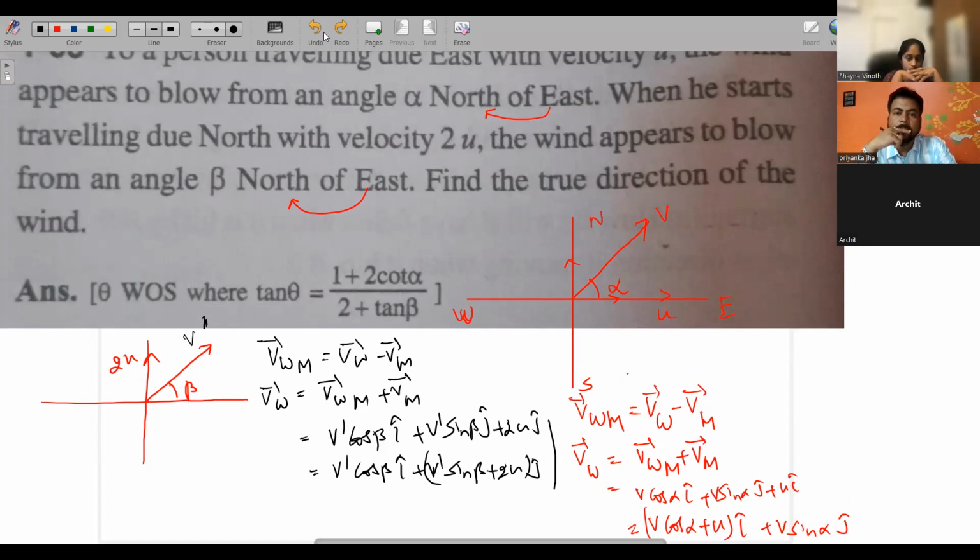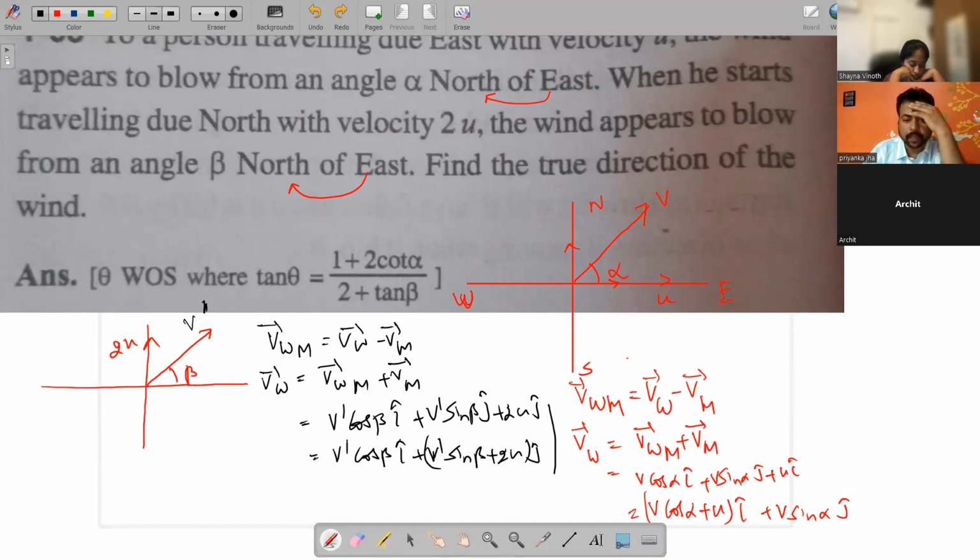Here we have to find one thing, because the speed of wind we have to find. We do one thing. So this thing we have done, right?